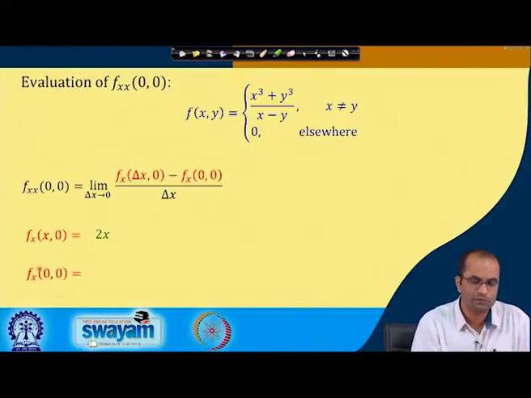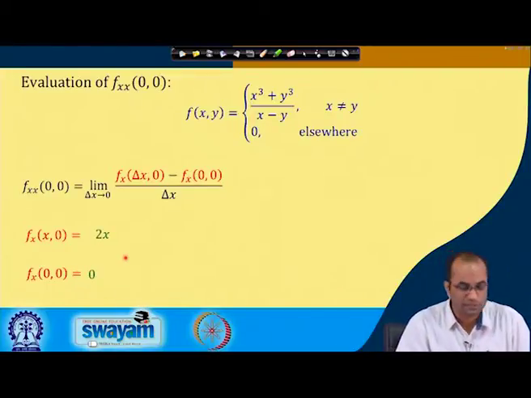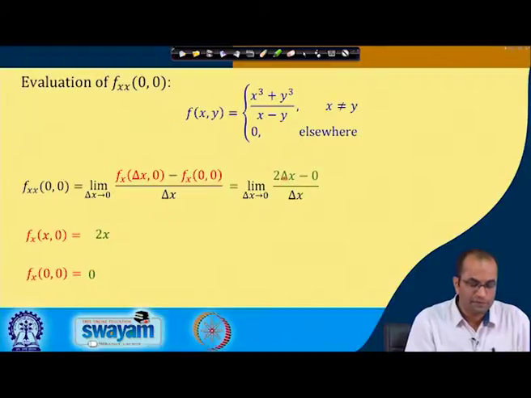And f_x at (0, 0) is much easier to compute, this will come as 0.